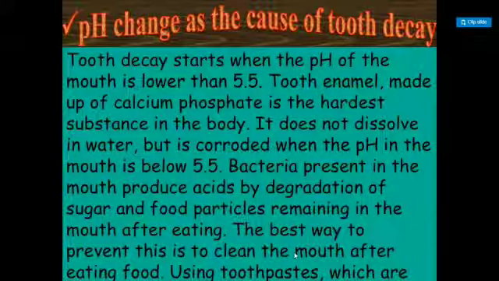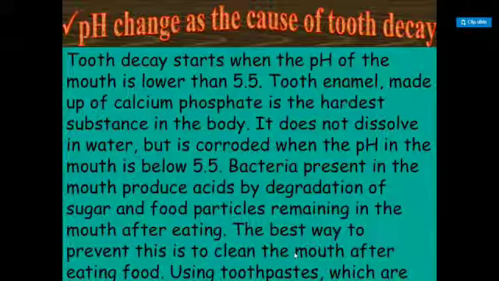Another example, tooth decay. When the pH of the mouth is lower than 5.5, tooth enamel, made up of calcium phosphate, the hardest substance in the body, does not dissolve in water but is corroded when the pH in the mouth is below 5.5.